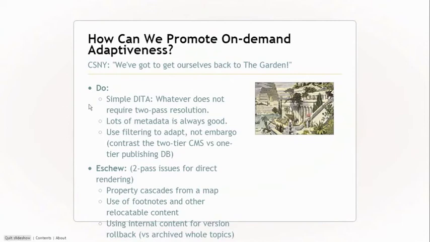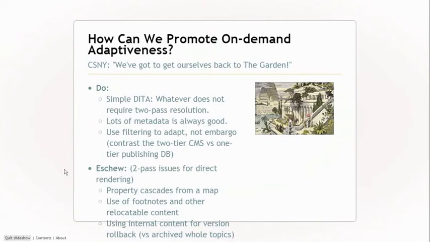In web publishing, when you put an HTML document out on the web server, that is the CMS for that content. I like to call that a one-tier publishing database, and so using data adaptively in this manner is actually treating data almost as if it were a web topic, except it's data. And you're converting it into HTML and adapting it during that conversion to the requirement of the user.